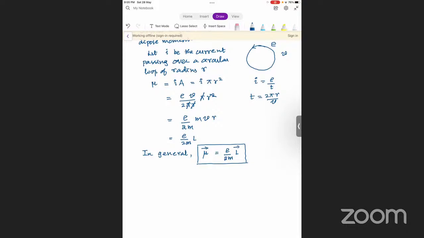But then people discovered that particles like electrons, elementary particles, even if they don't have orbital angular momentum, possess some magnetic moment.